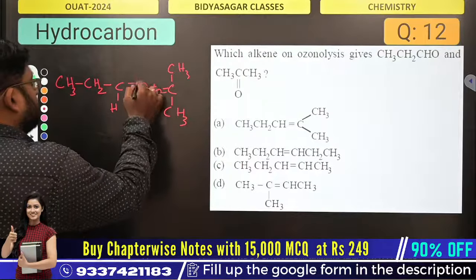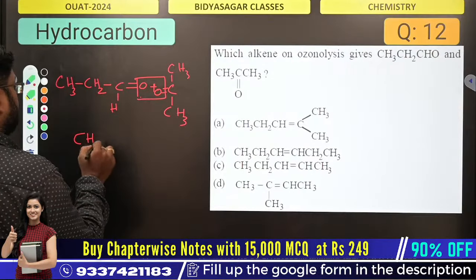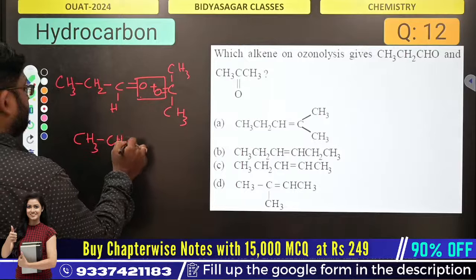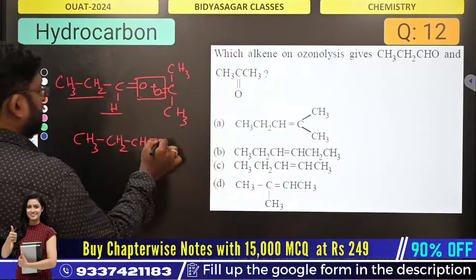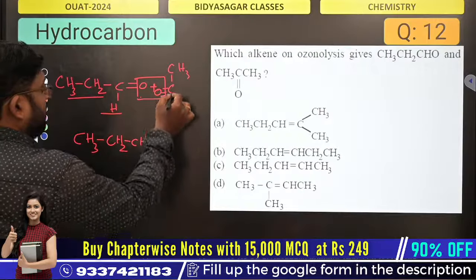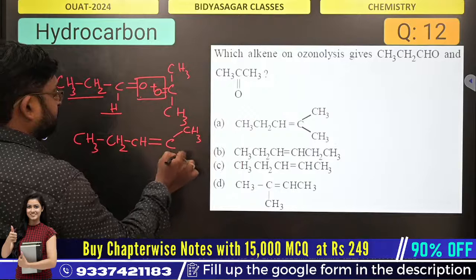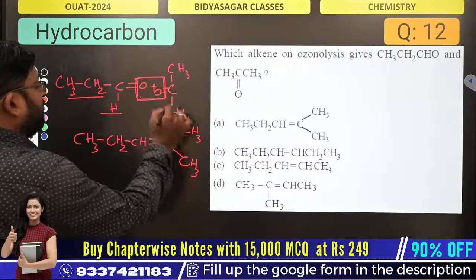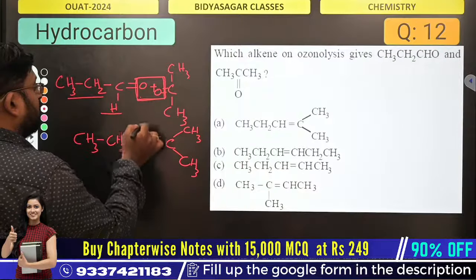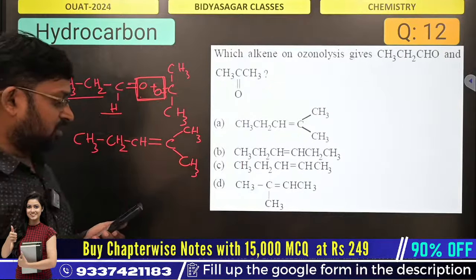Now what you will do? You will just remove the oxygen part and join both the parts. So it is CH3, CH2, CH, and you put the double bond and the other group here, C, CH3, CH3.